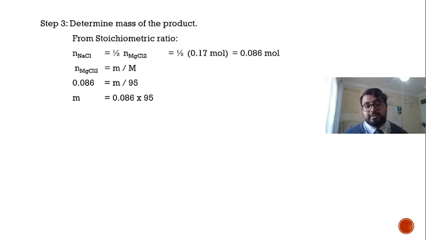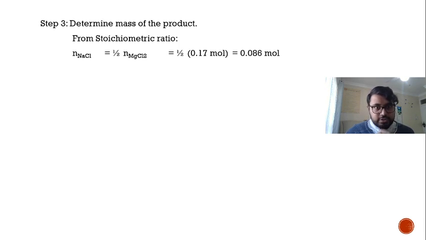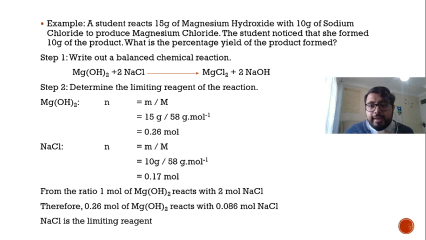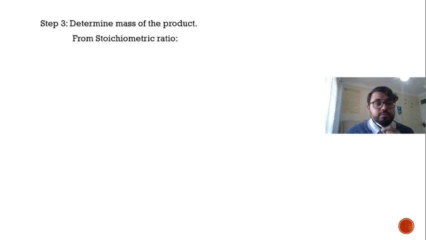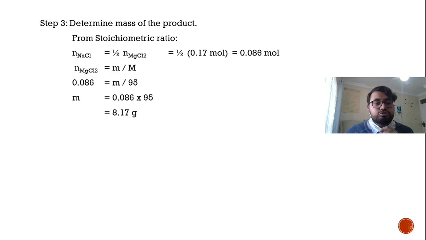We just made the mass the subject of the formula, and we get 8.17 grams. So let's go back quickly: we have 10 grams of product that was formed, and 8.17 grams is what we calculated.